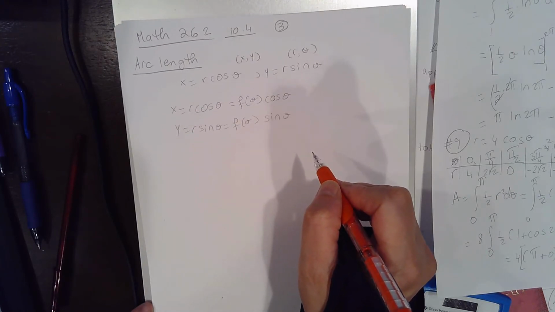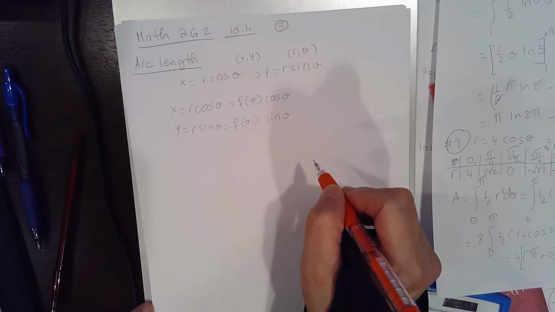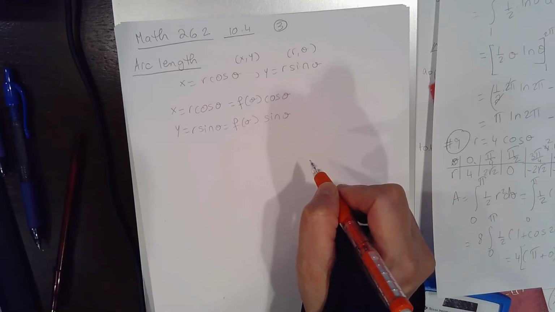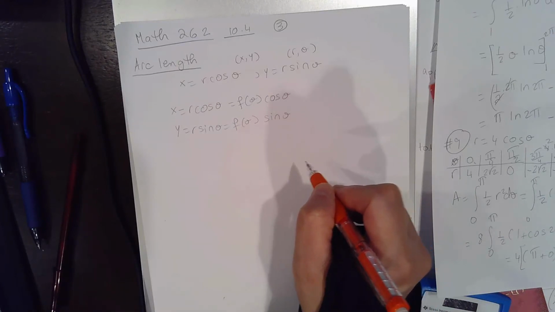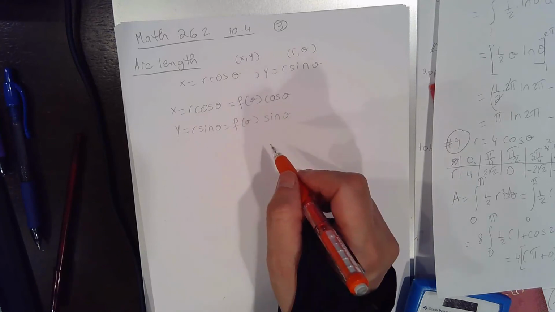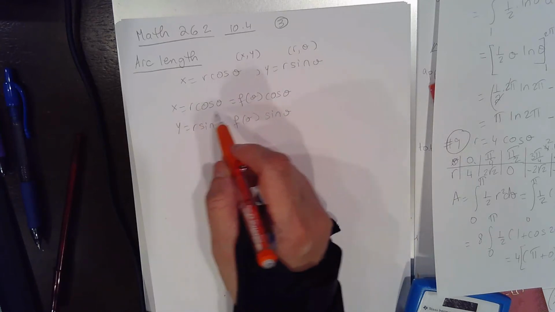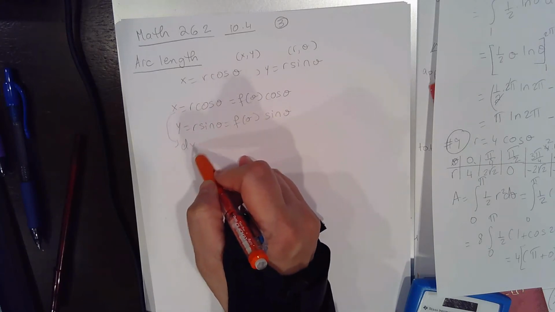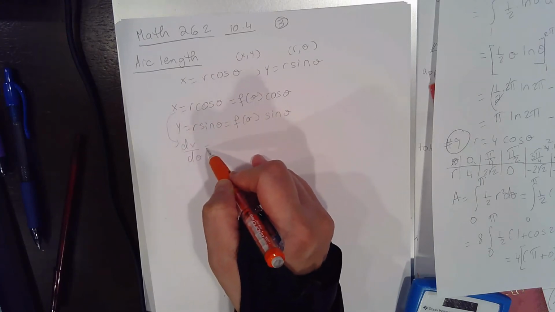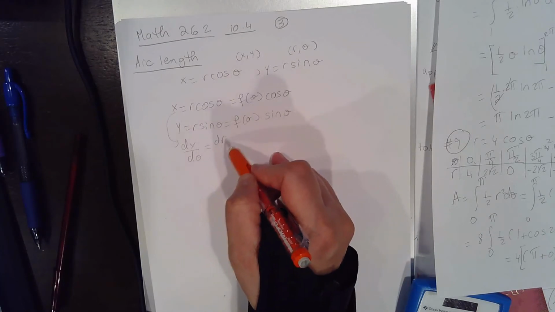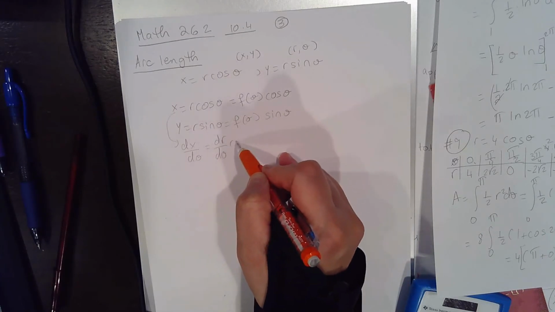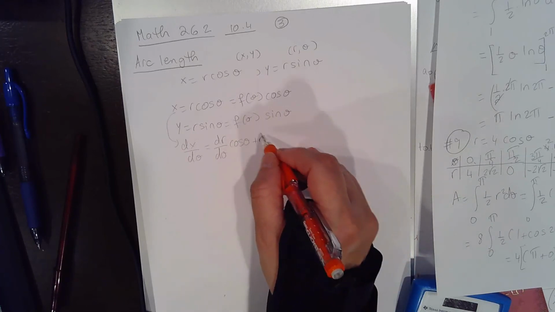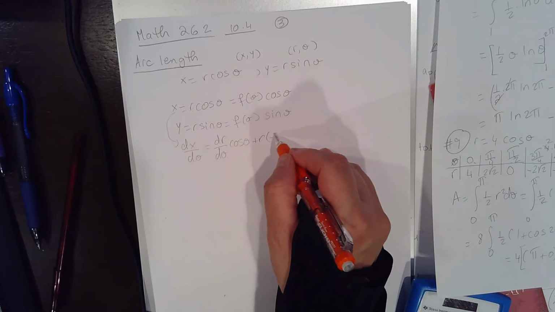So we need to find the length of the polar curve r equal to f theta, theta between a and b. So we're going to differentiate with respect to theta. We're obviously going to be using the product rule. So taking this, dx d theta would be dr d theta cosine theta plus r times the derivative of cosine, minus sine theta.